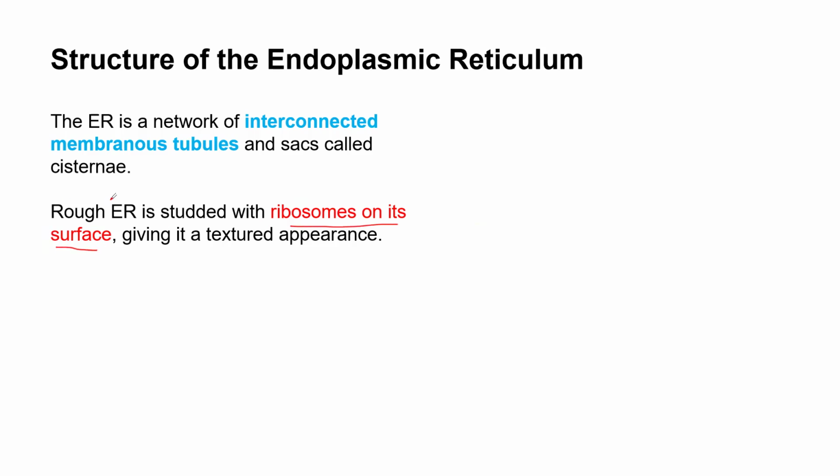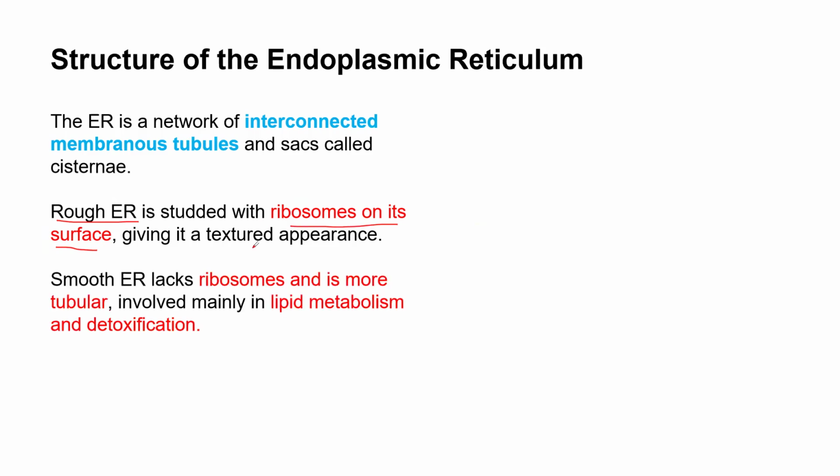Because it has ribosomes attached to its surface, it is called rough endoplasmic reticulum, and that makes it different from the smooth endoplasmic reticulum. These attached ribosomes give it a textured appearance.